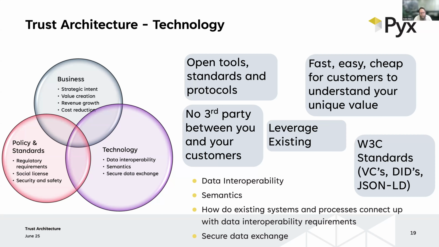But also, because these tools are sitting at that intersection between the supplier and the buyer, at the direct commercial interaction, it's important that there's no third party between a business and their customers. It's designed to leverage existing technology investments and is all built on open standards, which is what we recommend from a trust architecture perspective to take advantage of this.